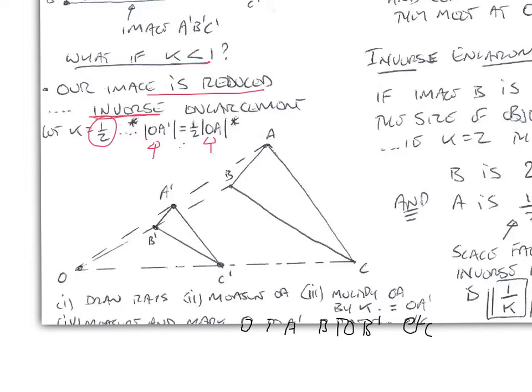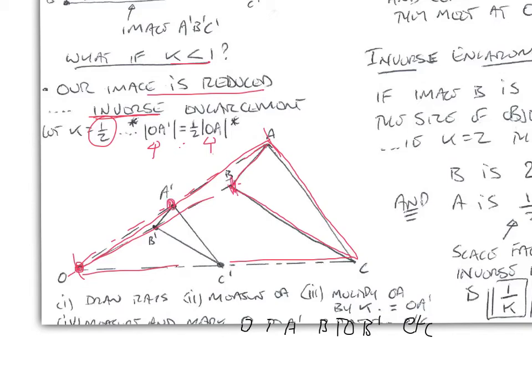So let's say we have an object ABC and a centre of enlargement here, and we're looking to find the inverse enlargement given that K is equal to a half. It's similar but kind of in reverse. The first thing is we draw our ray lines from O through to A, O through to B, and O through to C. Then we measure OA, multiply that by a half, and mark that distance there at A prime.